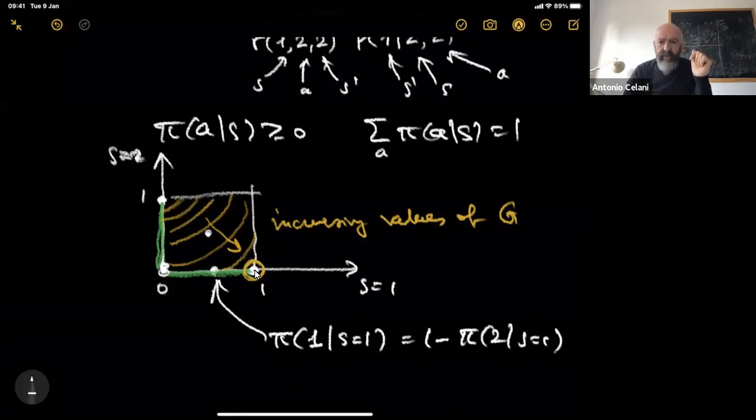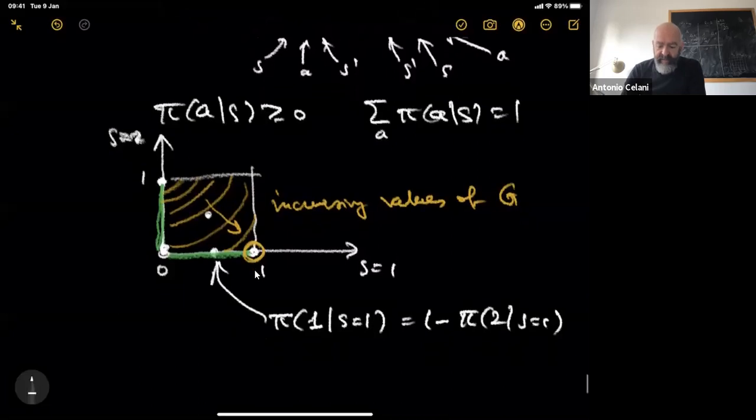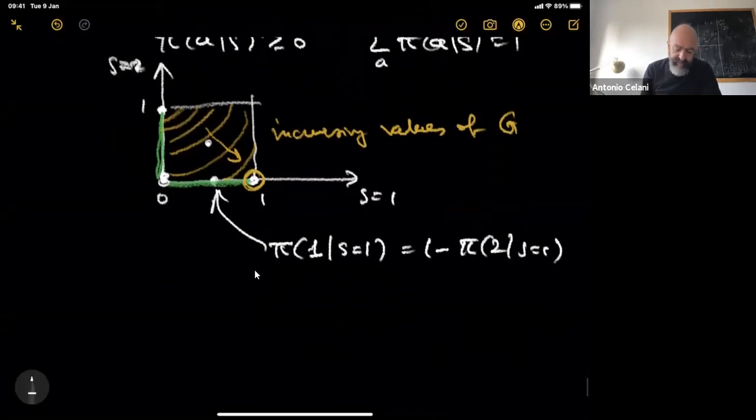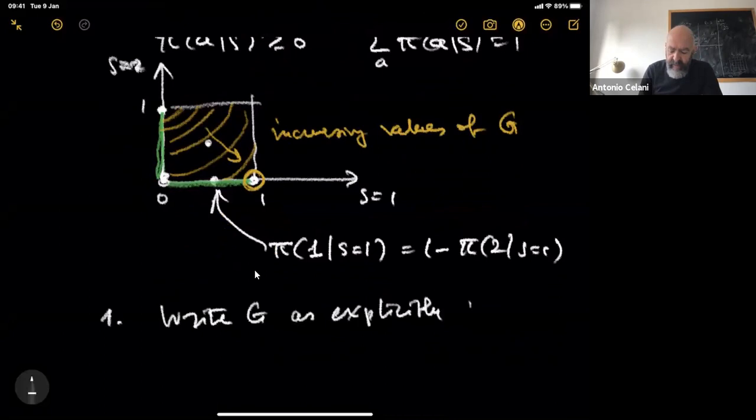So how do we do it? We are going to break this problem into several steps. The first step: we want to write G in another form, as explicitly as possible in terms of pi.